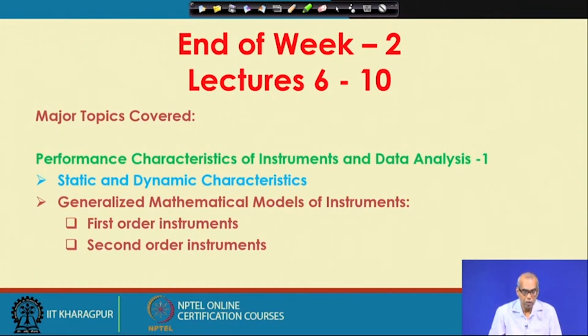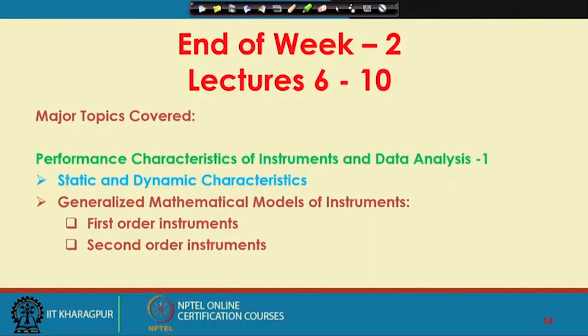We have talked about first order instruments. We have taken examples and analyzed them, talked about step responses. We have also talked about second order instruments. We have taken examples, developed the mathematical expressions representing a second order instrument, analyzed it, also analyzed second order response.